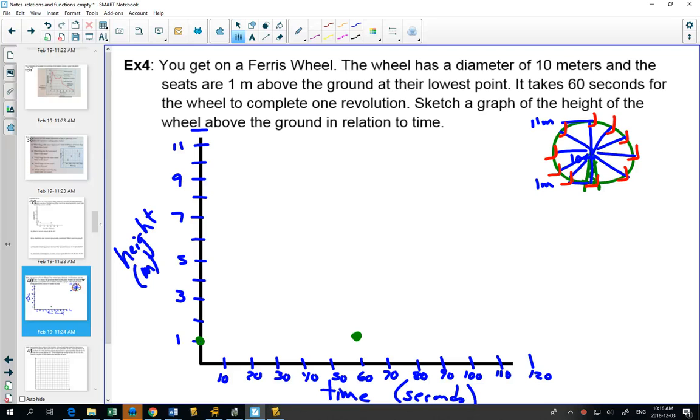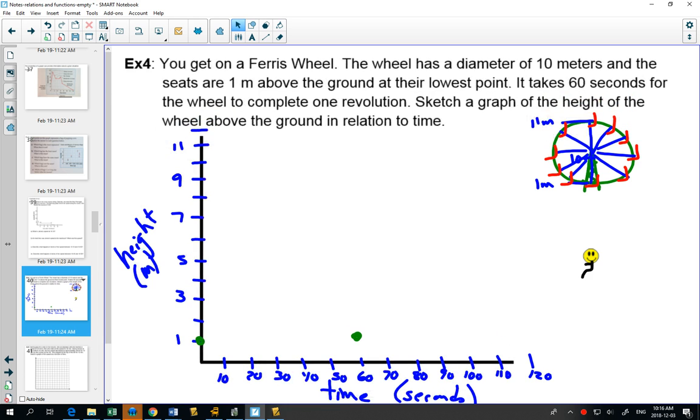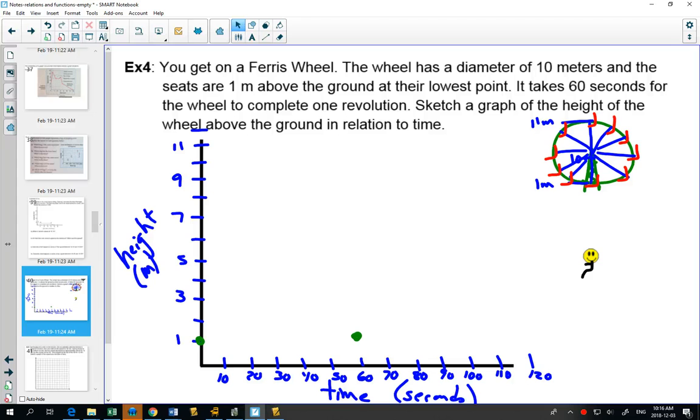Let's talk about some different points. Let's draw you. Here you are, super happy to be on the Ferris wheel. No, wait for it. There we go.